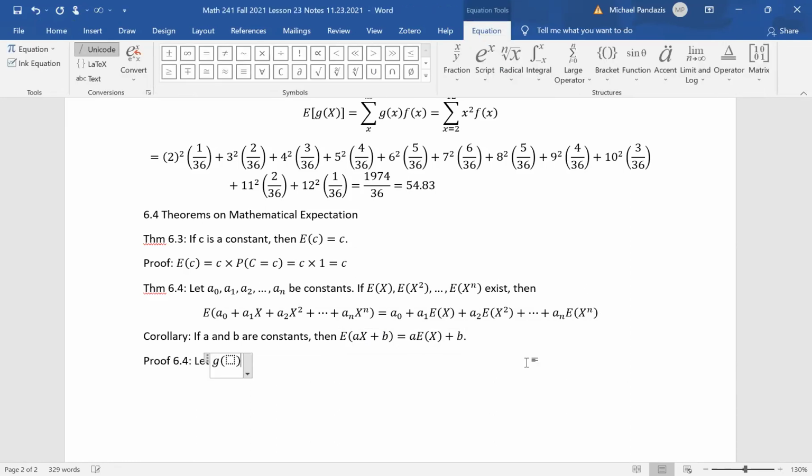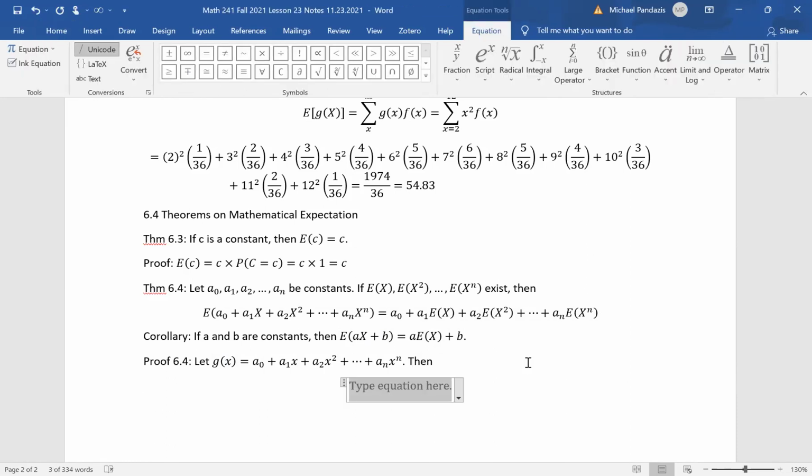Now to prove theorem 6.4, let G of X equal that polynomial a naught plus a1 X plus a2 X squared plus dot dot dot plus a sub n X to the n.